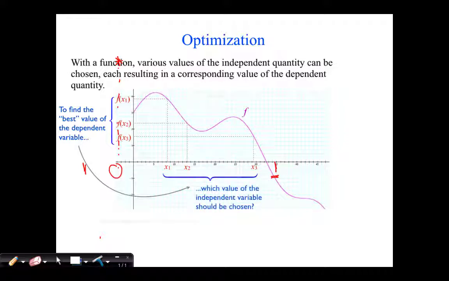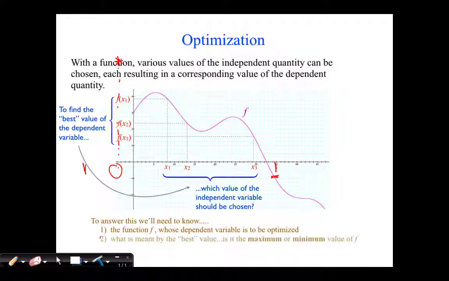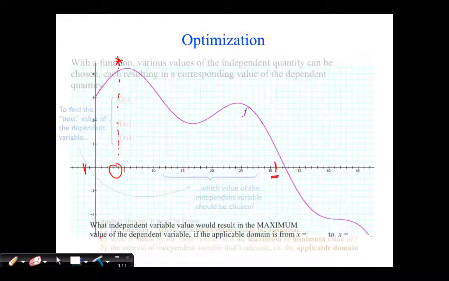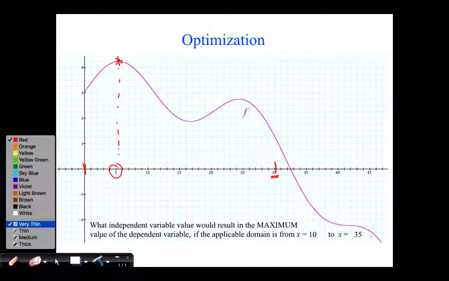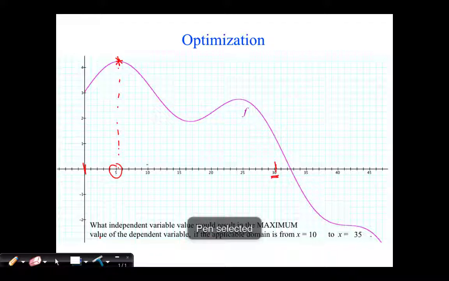So, quick review. We need to know the function, what's best, and the interval that we're looking at. So, 0 through 30 is one thing. If I'm only looking at 10 through 35, and I'm looking for a maximum, I don't get to include this point anymore.